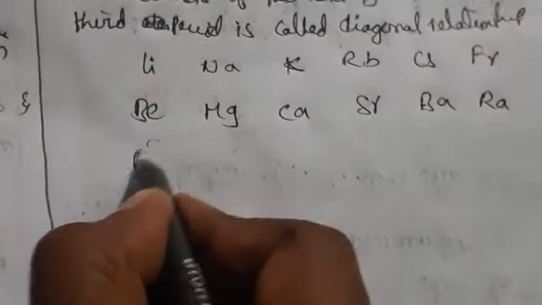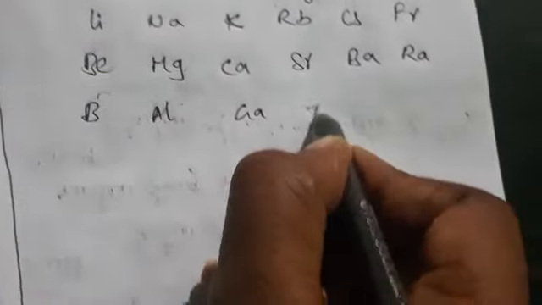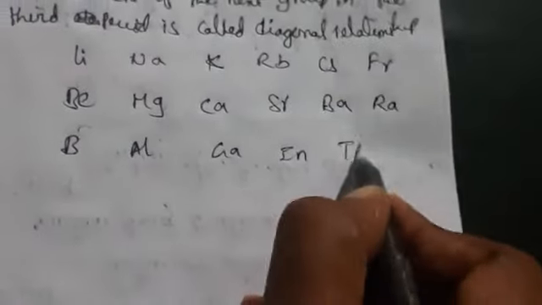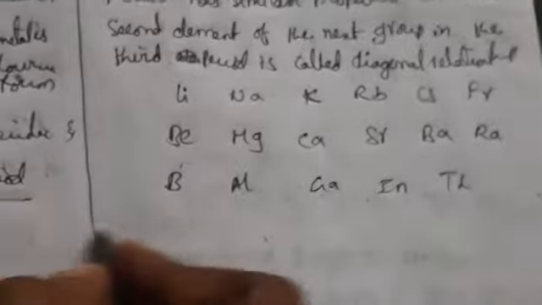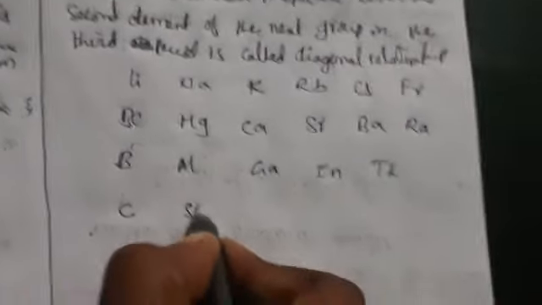Next, one more group I'm taking: boron, aluminium, gallium, indium, thallium. One more: carbon, silicon, germanium, tin, lead.